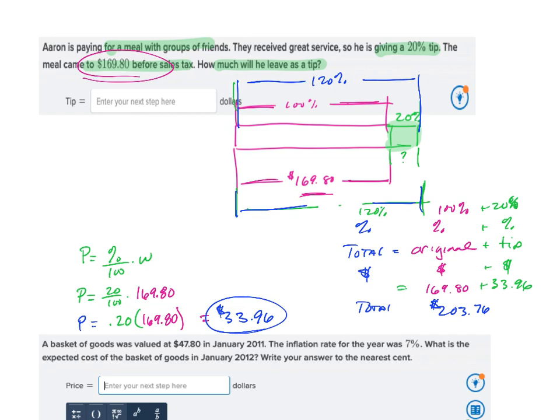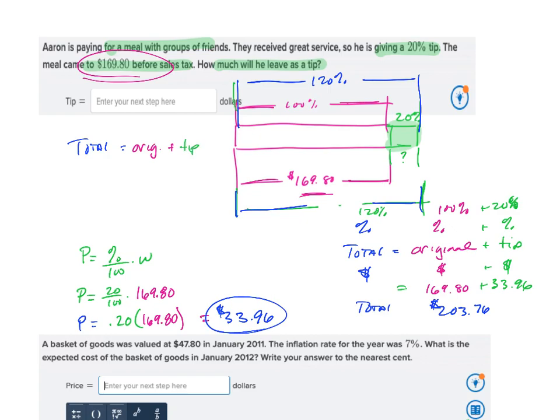So again, if we want to know the total cost, we could have said, well, that's going to be the total equals the original times plus the tip.